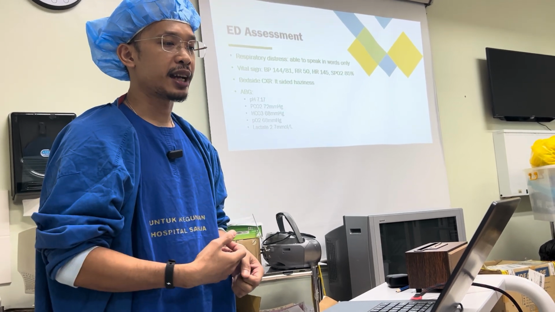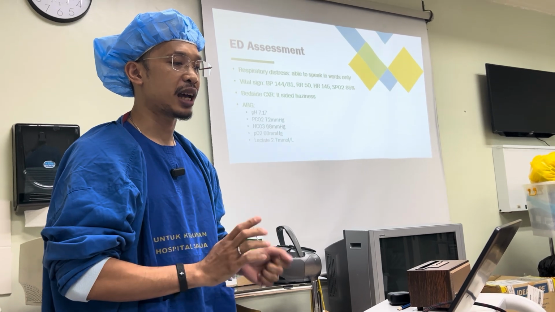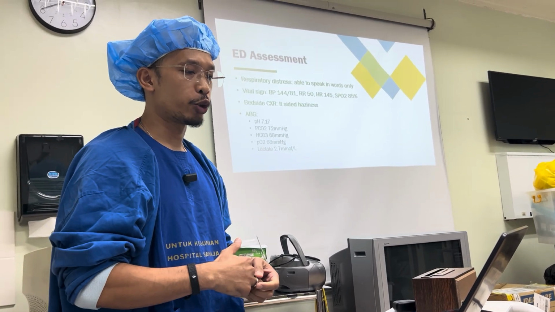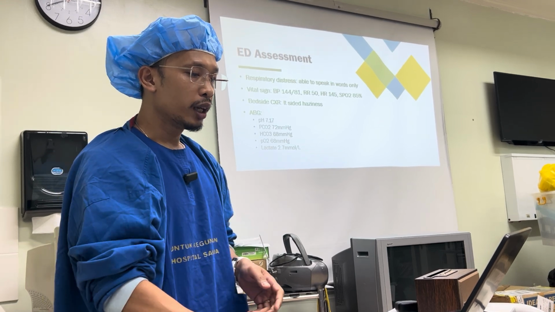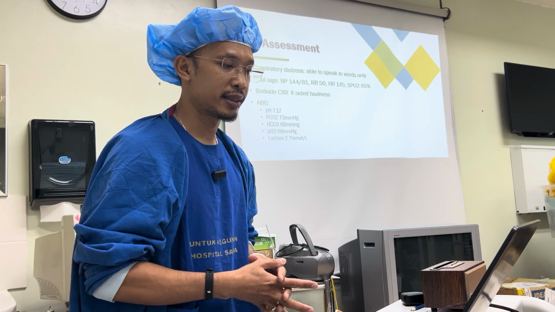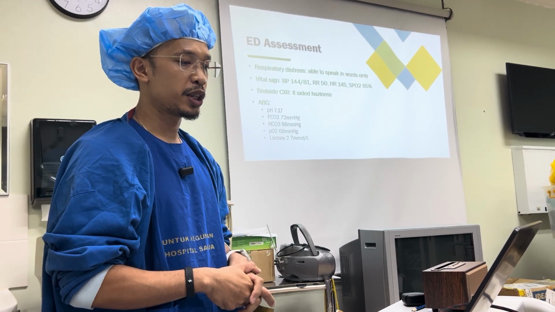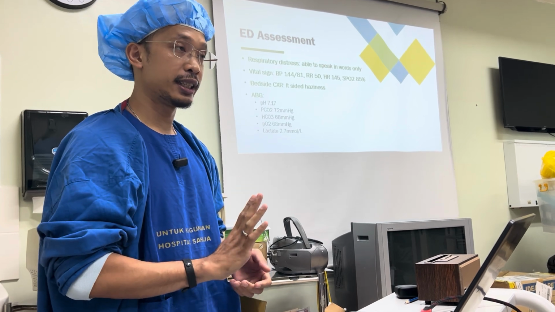They did a quick bedside chest X-ray, which showed haziness on the left side, suggesting pneumonia. His arterial blood gas analysis confirmed things were not looking good. His pH was 7.17, indicating acute respiratory acidosis. His partial pressure of carbon dioxide was 72 millimeters of mercury, showing he wasn't ventilating properly.